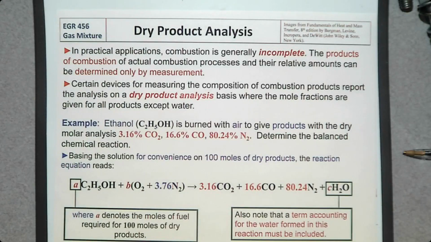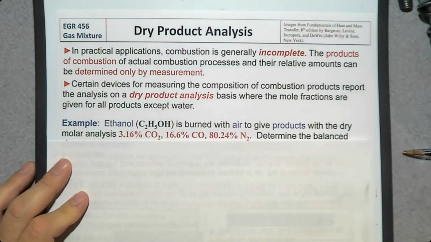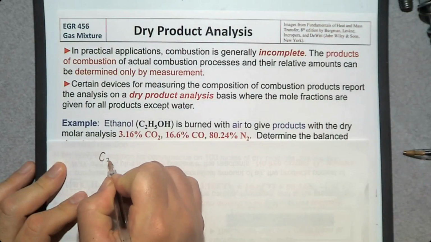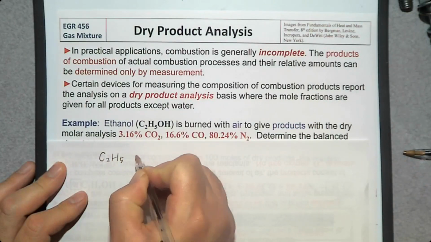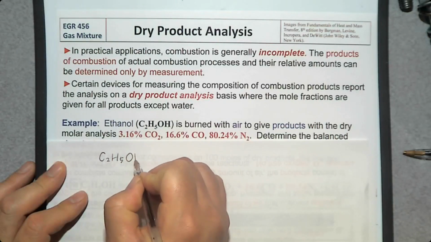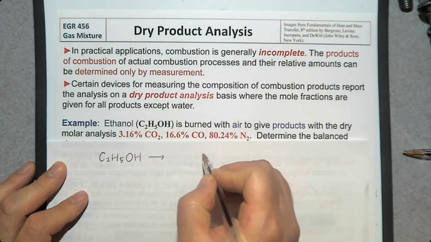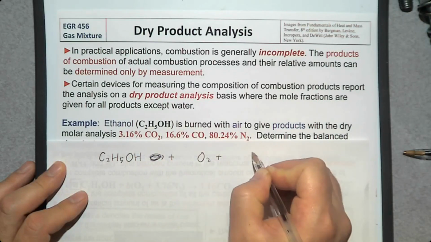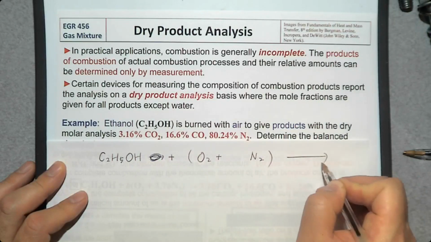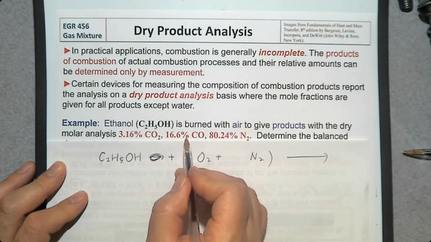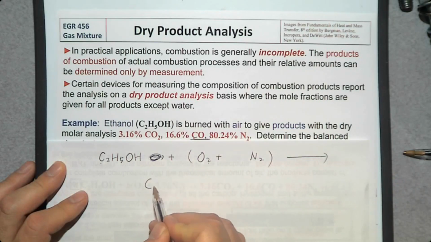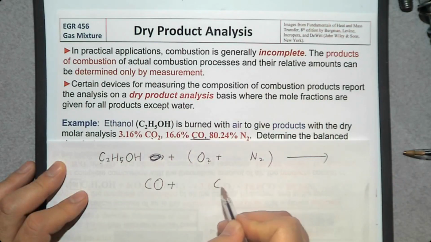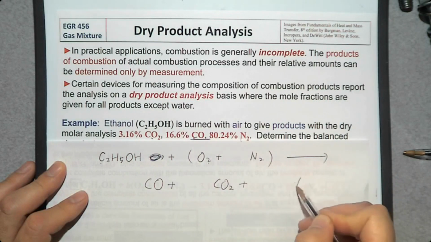So if this ethanol is going to burn with air, we know ethanol has C2H5, actually 6, because there's one more H. OH is going to react with air, so we have oxygen, nitrogen. So what are we going to get? Carbon becomes carbon monoxide, so it's incomplete. Carbon monoxide and carbon dioxide and nitrogen.